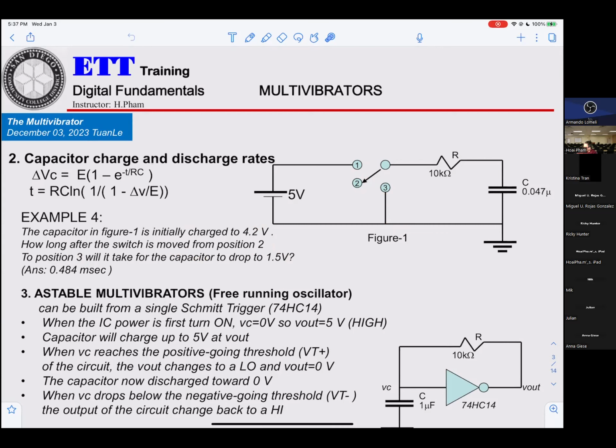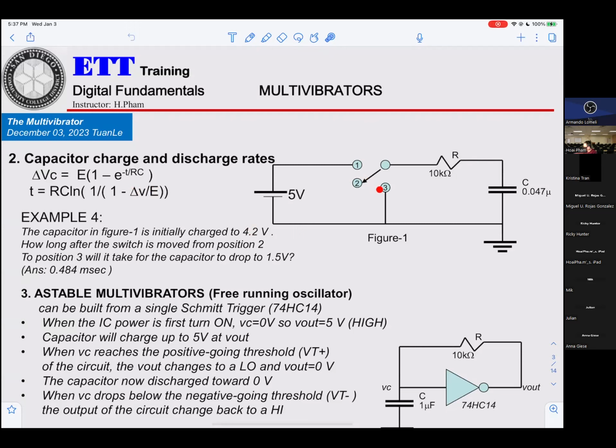So the formula uses only T equals RC log 1 over 1 minus delta V divided by E. So delta V, they say the capacitor is already charged to 4.2 volts.